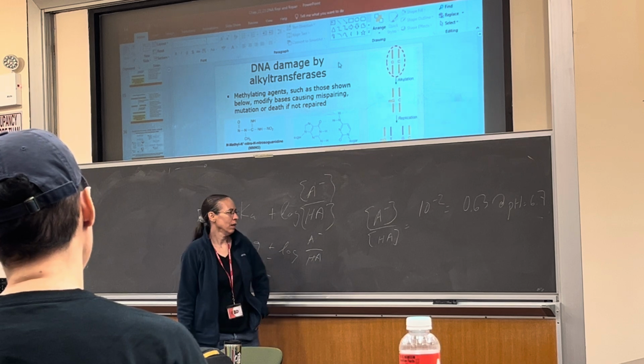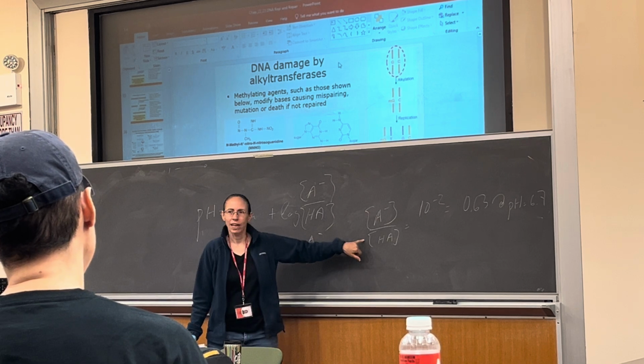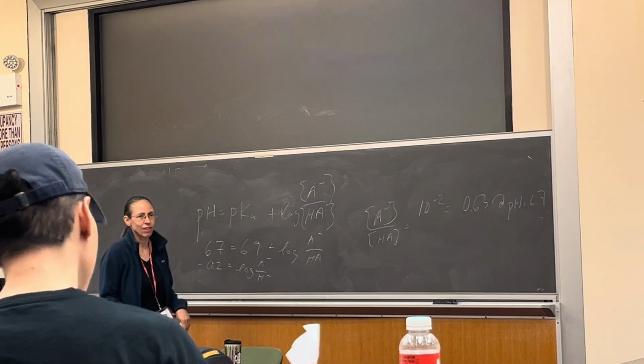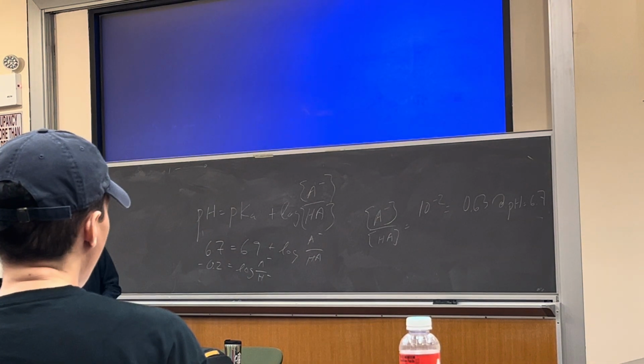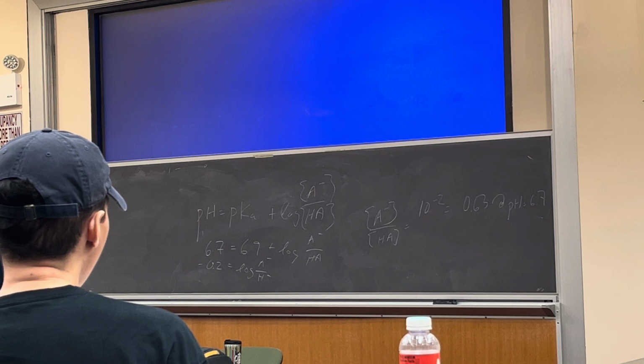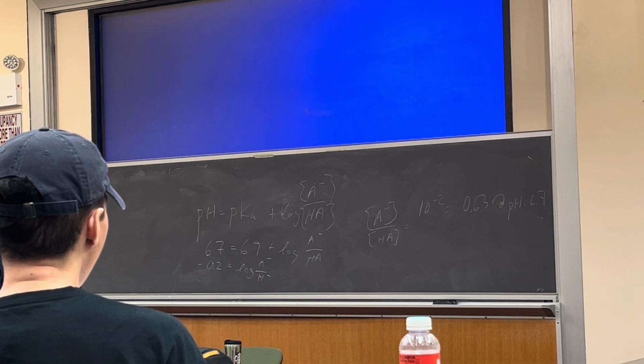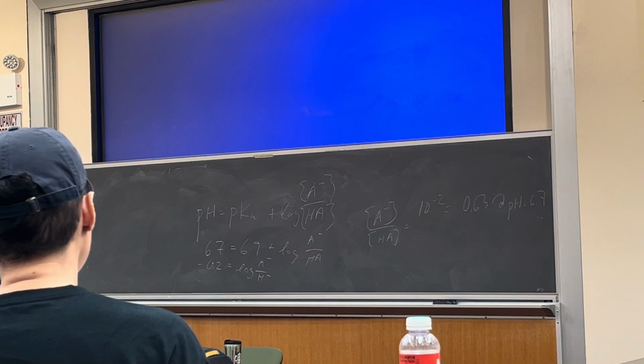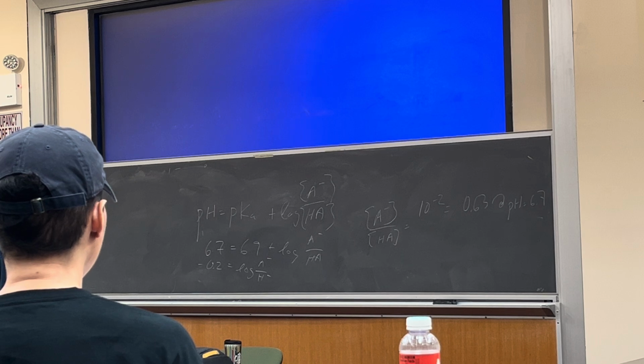Okay, so more of the acid is unionized at pH 6.7. So at pH 7.4, do you think that ratio is going to go up or down? Just from logic alone, as the pH goes up, what happens to the hydrogen ion concentration? It goes down.